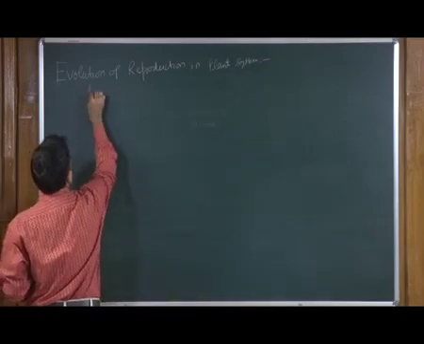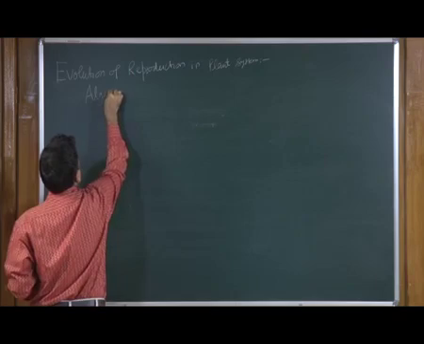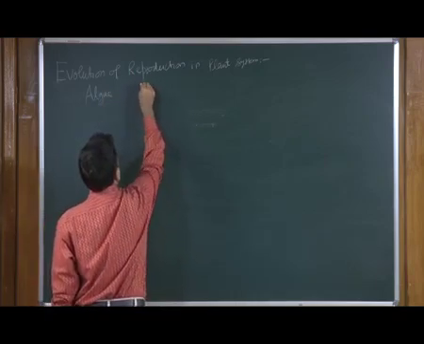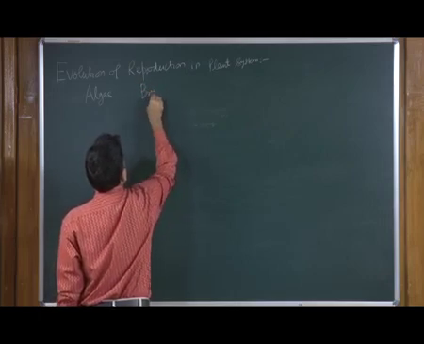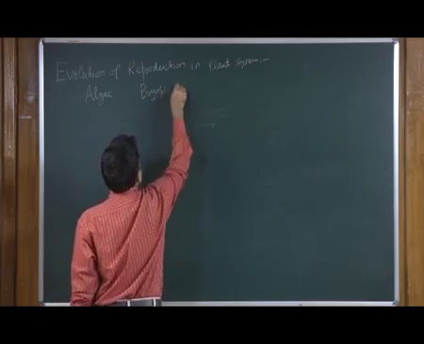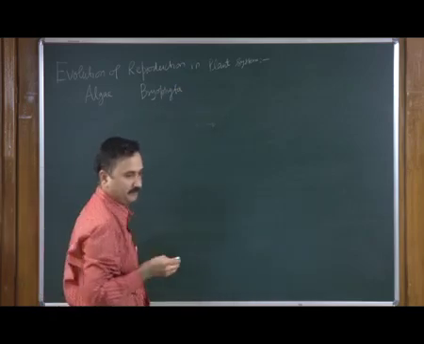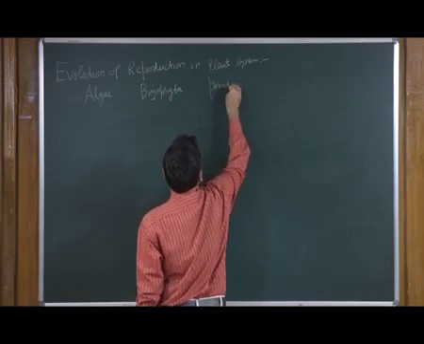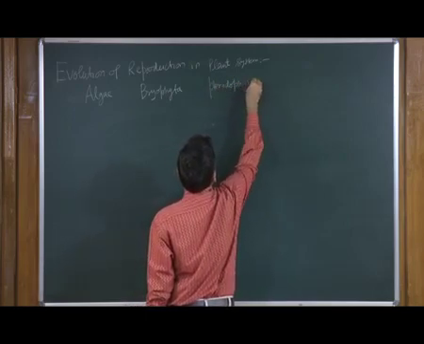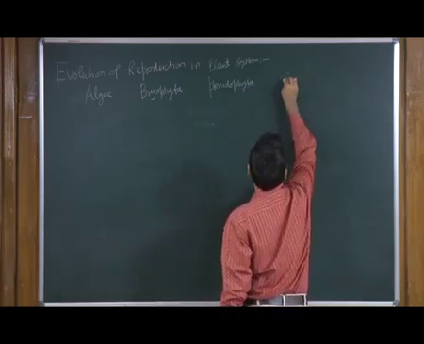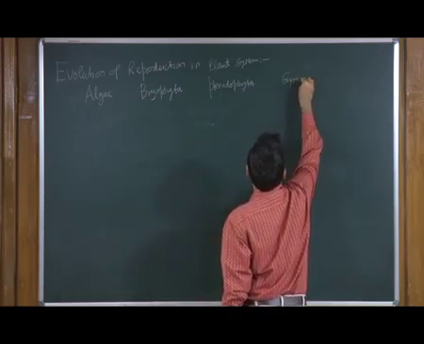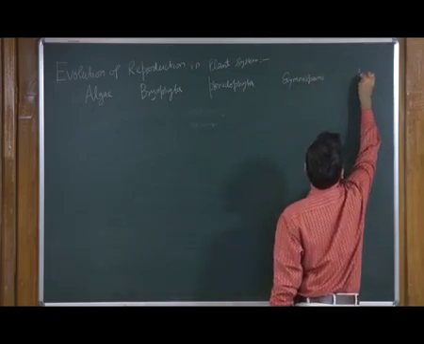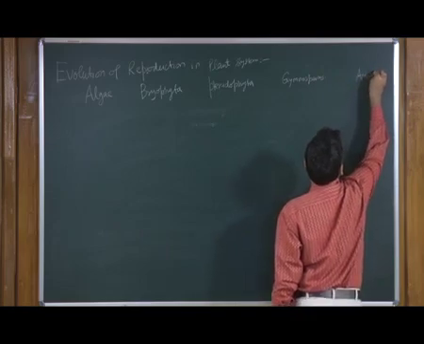So we have algae, Bryophyta, Pteridophyta, then we have Gymnosperms, and then ultimately we have Angiosperms.